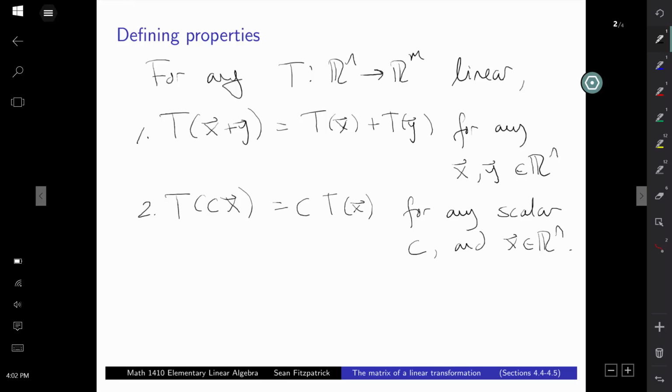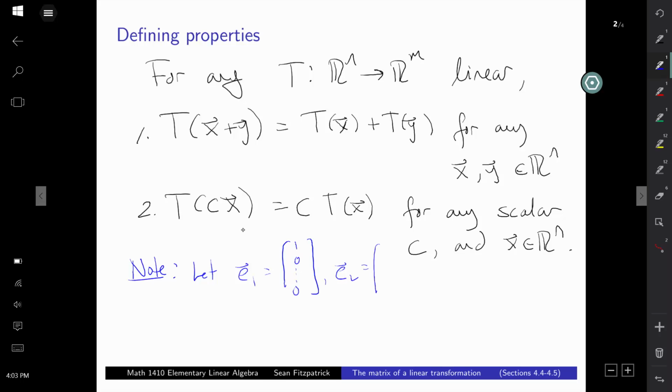Okay, and so one of the things you'll note in general is that if we let, let's call them E1, so E1 being 1, 0, everything else is 0.